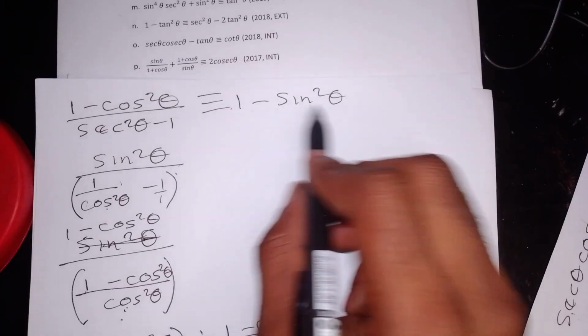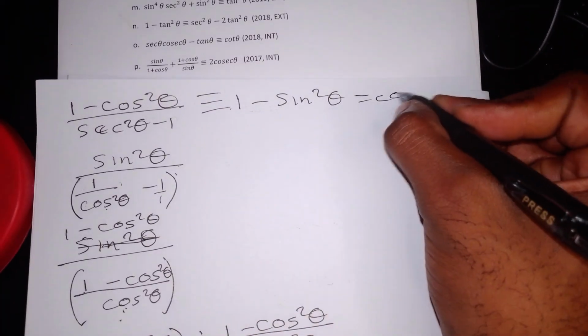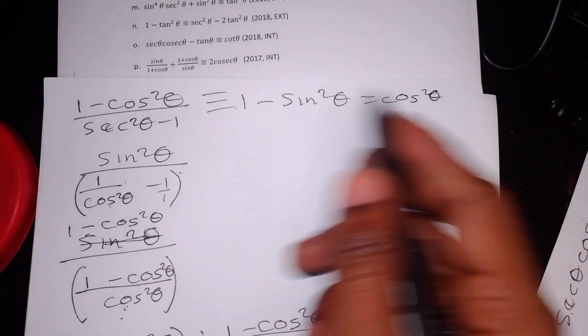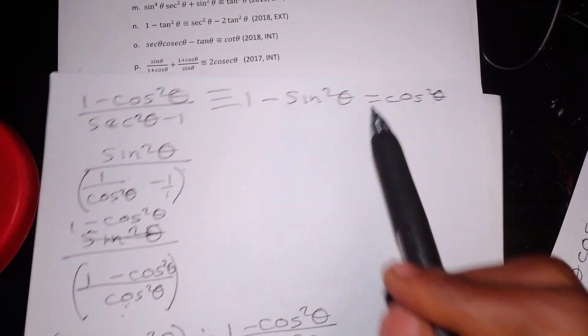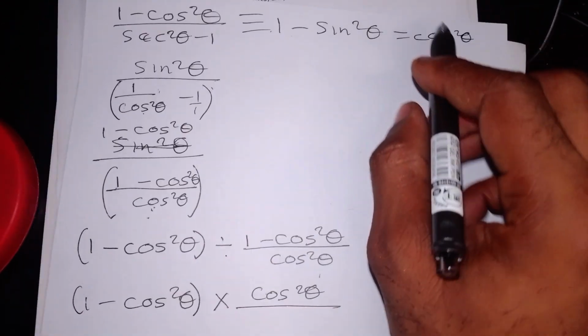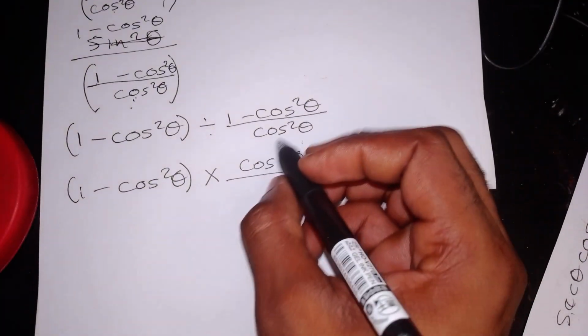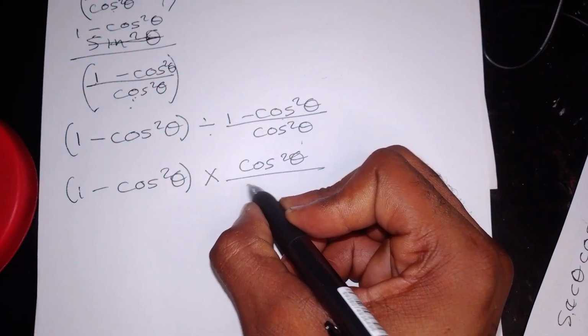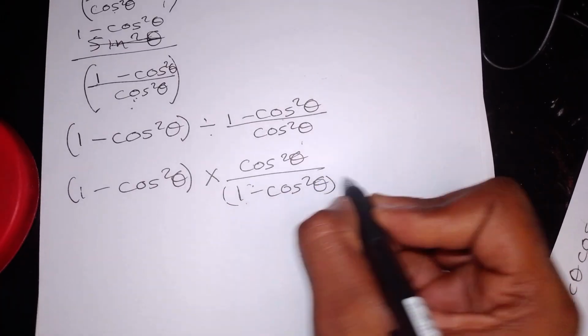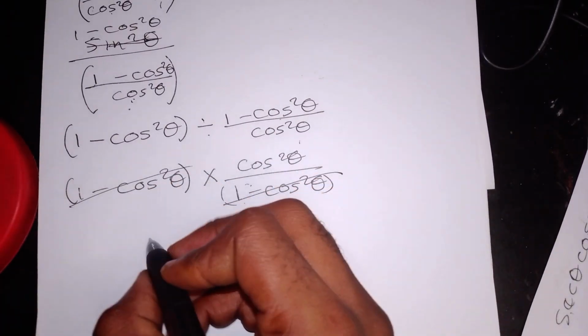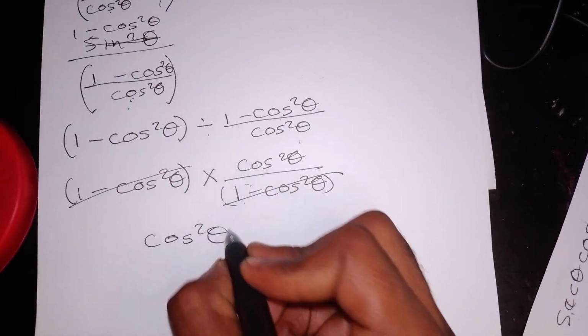By the way, as this is just cos squared theta, so this is another way of looking at it. You can either aim for this or this. So right now I'm aiming for this, so this one will be over cos squared theta. So this can cancel out to this, and then I'll have cos squared theta.